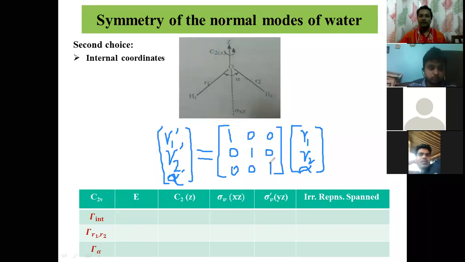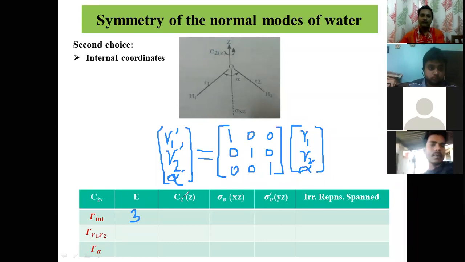Therefore the character is going to be the sum of this, 1 plus 1 plus 1, that is 3. So if I go for the internal coordinate representation, the character is going to be 3 here, right? Like that we can work it out for the C2 and sigma v prime, right?